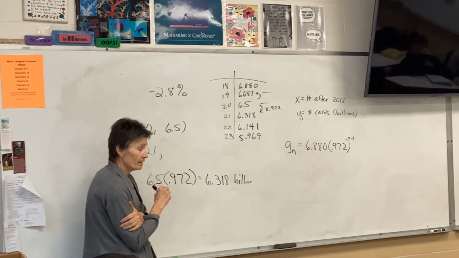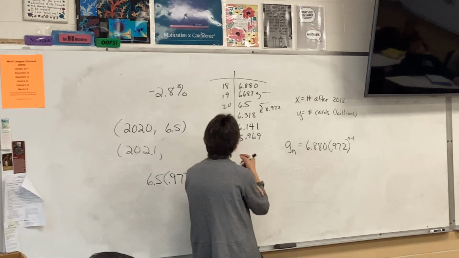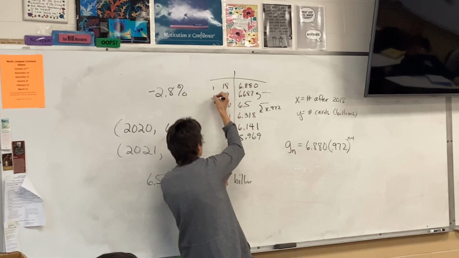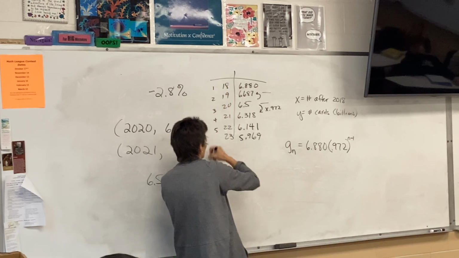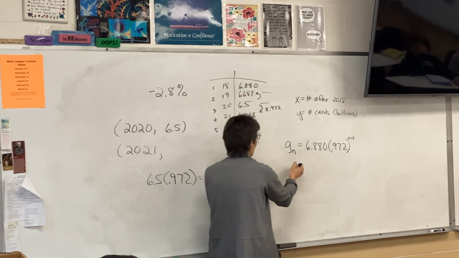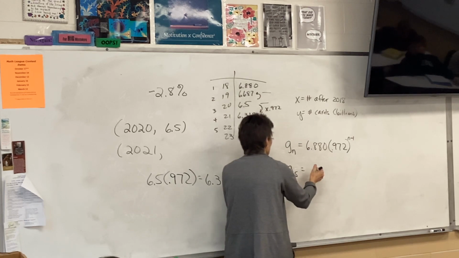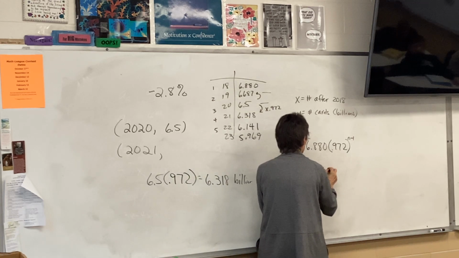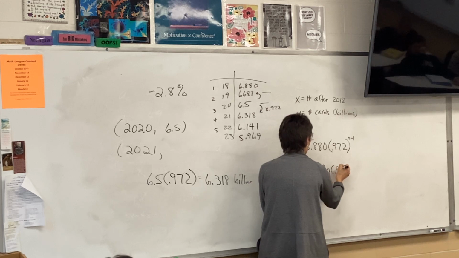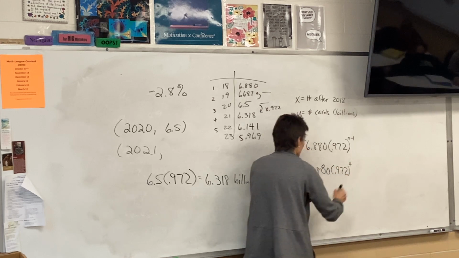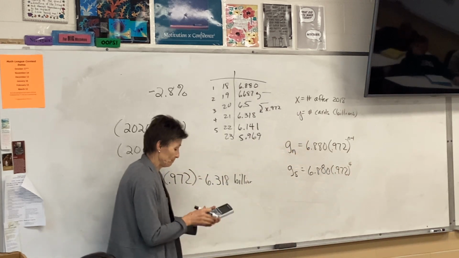All right, let's check it. According to the formula, let's see. This is the first, second, third, fourth, fifth term. So let's just say the fifth term, according to this, the fifth term should be, whoops. Let's check it and see if that's right.